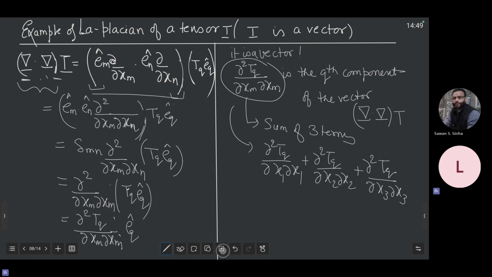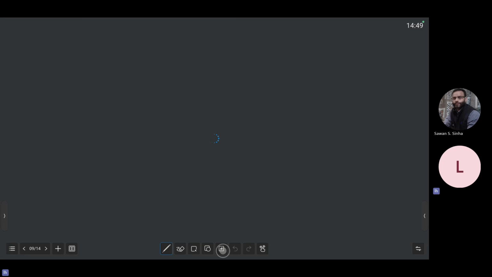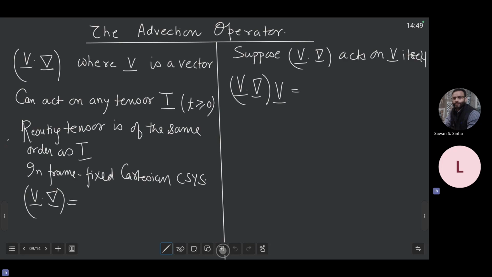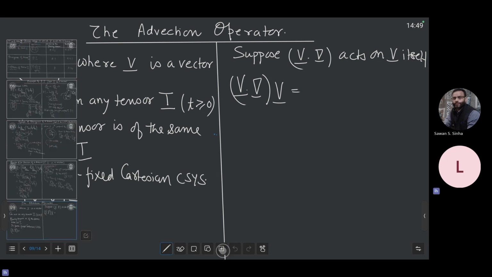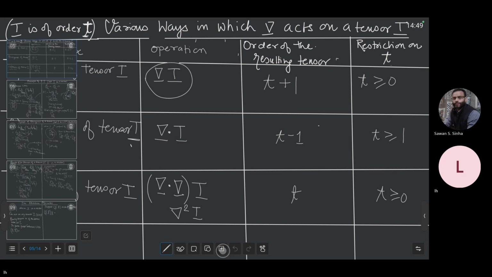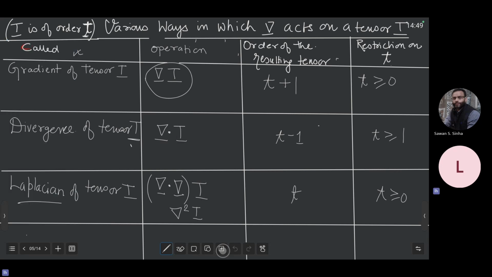All right. So those are the three things I showed on the slide here. This I have explained with examples.